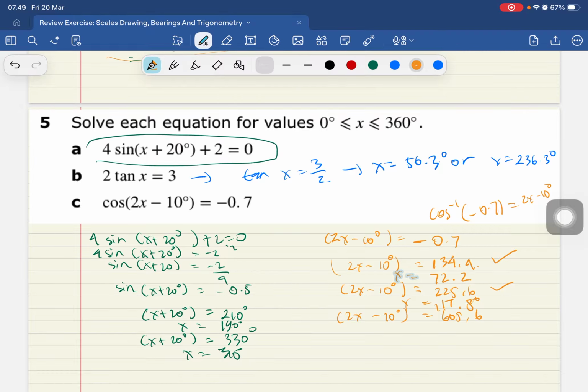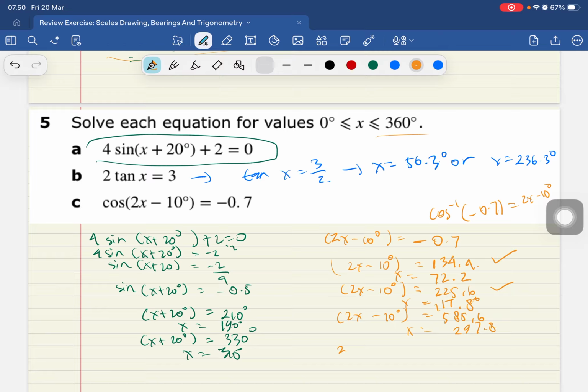No, wait, I made a mistake. Let me use the calculator again. There it is. So it's gonna be 585.6. So x is we plus by 10, then divide by 2, then we will got 297.8. Can we get more since this is until 360?